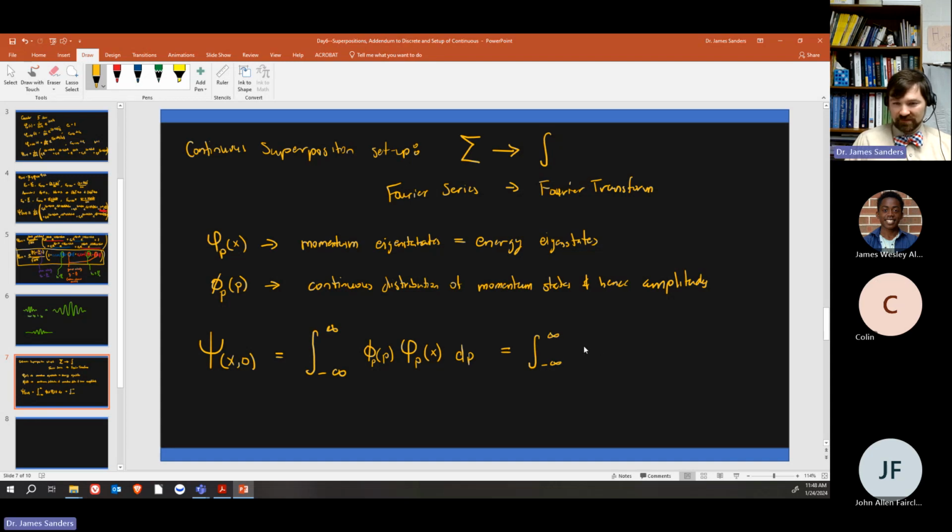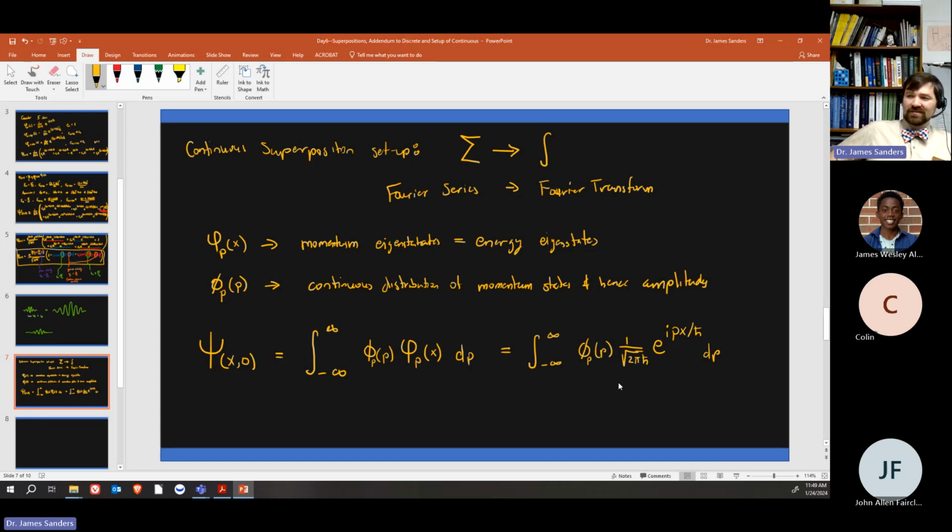And so these become like this. Now, this right here is your momentum space wave function.